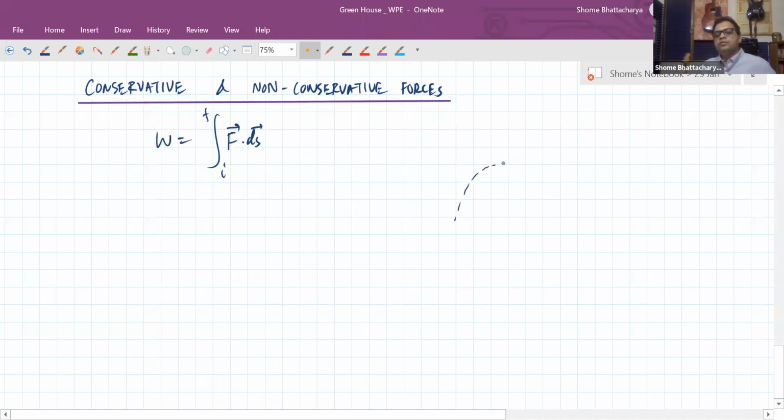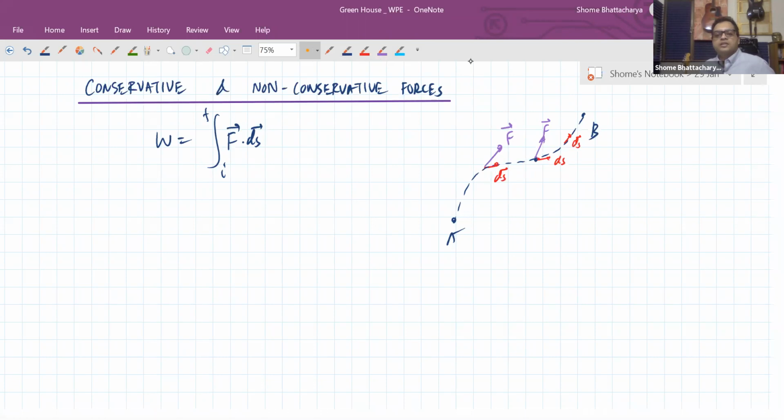So if we are going from the point A to B, let's say, then at every point during the path we have to integrate the dot product of the force with the displacement from point to point. And point to point, the force might also be changing. So it's the instantaneous value of force integrated over the path.